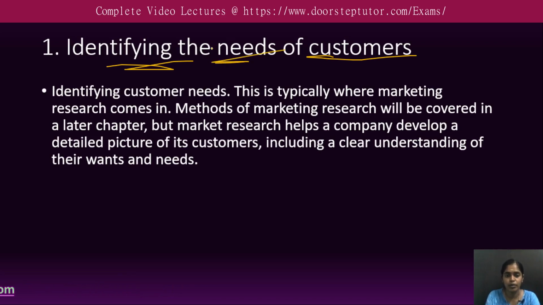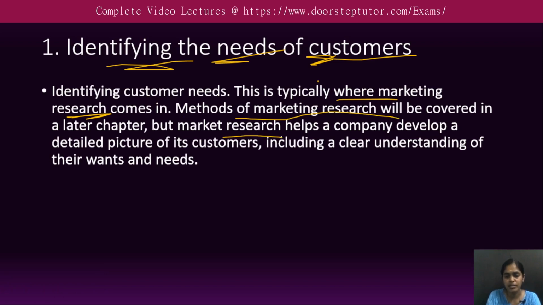That is very important. Identifying customers' needs is typically where marketing research comes in. You see, identifying the customer's need starts even before the production. So the marketing function starts even before the production takes place. So that is the importance of marketing here, where the research comes in, and methods of marketing research will be covered in a later chapter.